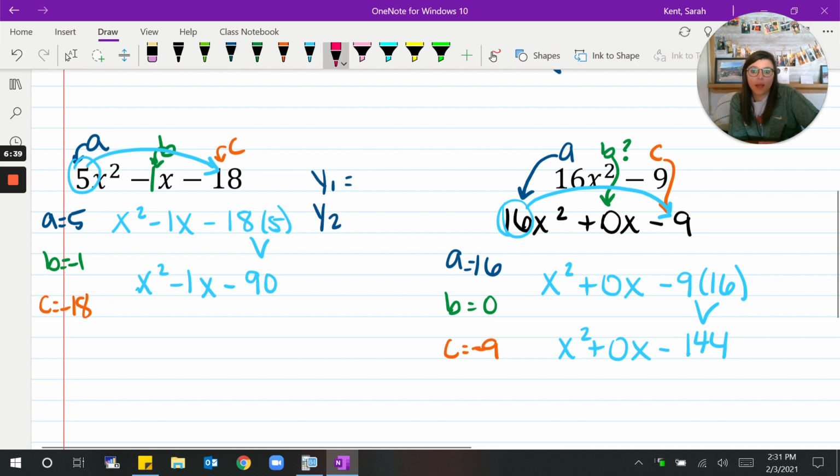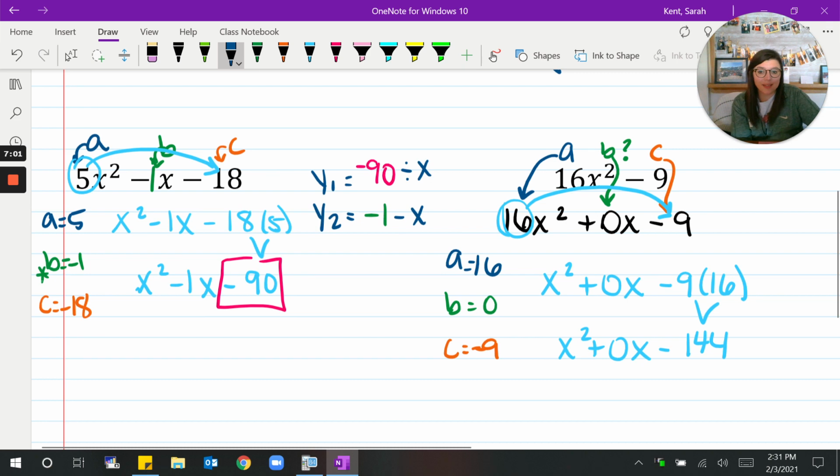In y1, we're going to start with our new last number. So here that was negative 90. And we want to divide by x. And then I'm going to take b, which our b here is negative 1. And we're going to subtract minus x.